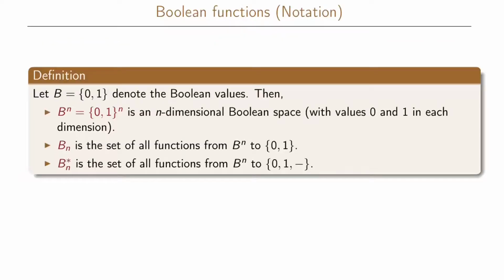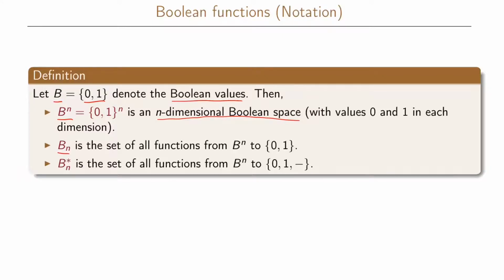We are going to define the following notation for Boolean functions. So let B be the set of the elements 0 and 1, and let these denote our Boolean values. Then B to the n will be an n-dimensional Boolean space with values 0 and 1 in each of the dimensions.